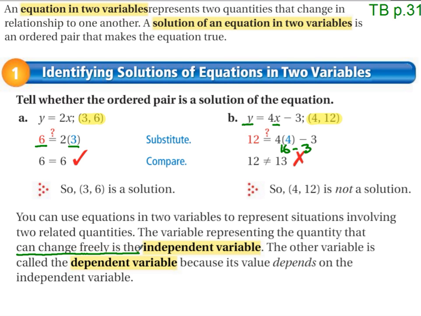The other variable is called the dependent variable because its value depends on the independent variable. Now, one thing I want to make sure that you understand is the independent variable will always go on the x-axis. The dependent variable will always be featured on the y-axis.